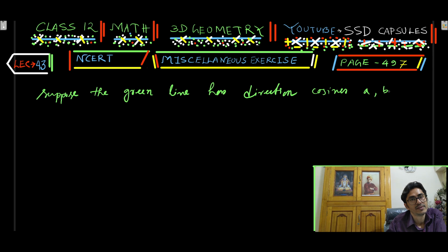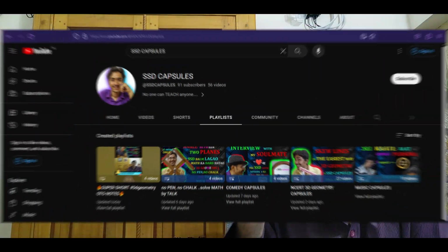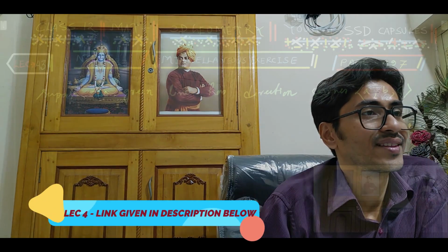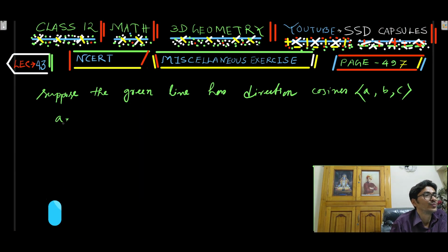A, B, C. So now we are going to use the particular case what we have discussed in the lecture, where we have proved the angle between two lines. So A into L1 plus B into M1 plus C into N1 equal to 0.